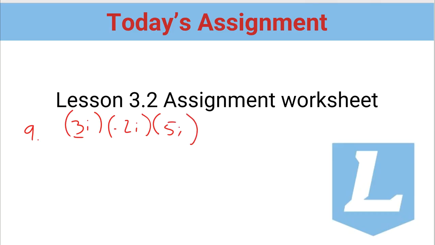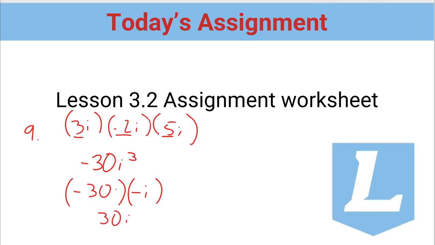Okay, well, I'm going to multiply these coefficients, right? 3 times negative 2 times 5 would be negative 30, and then i to the third, right? I know from my list that i to the third is the same as negative i. So I would have negative 30 times negative i, which is going to give me, negative times negative is positive, 30i. Right, so that's kind of just a look ahead.